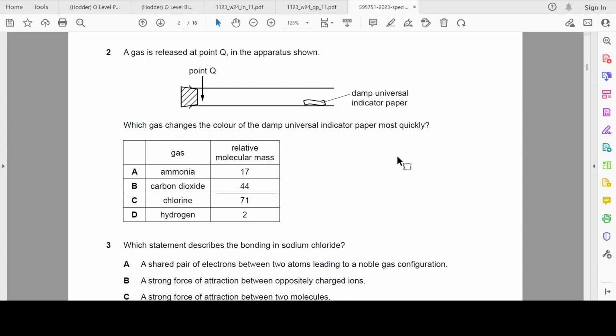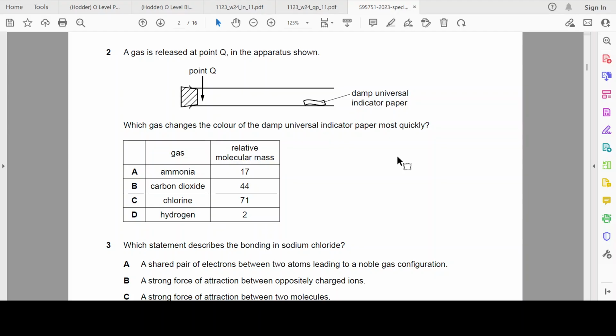Okay, wait, before that, how will the gas reach the indicator paper? It will spread out from higher concentration to lower concentration, which is scientifically called what? Diffusion. Good. What is the factor from the information that we know that affects the rate of diffusion?